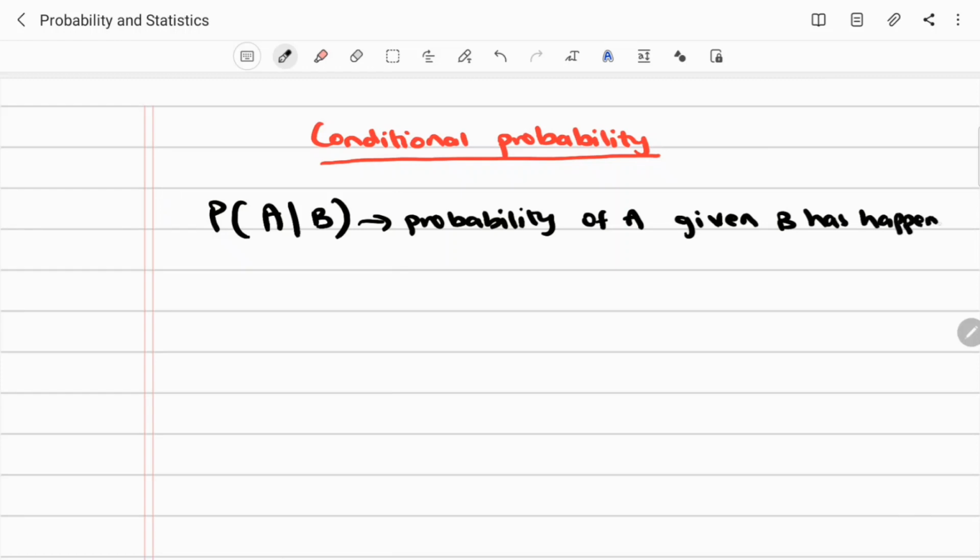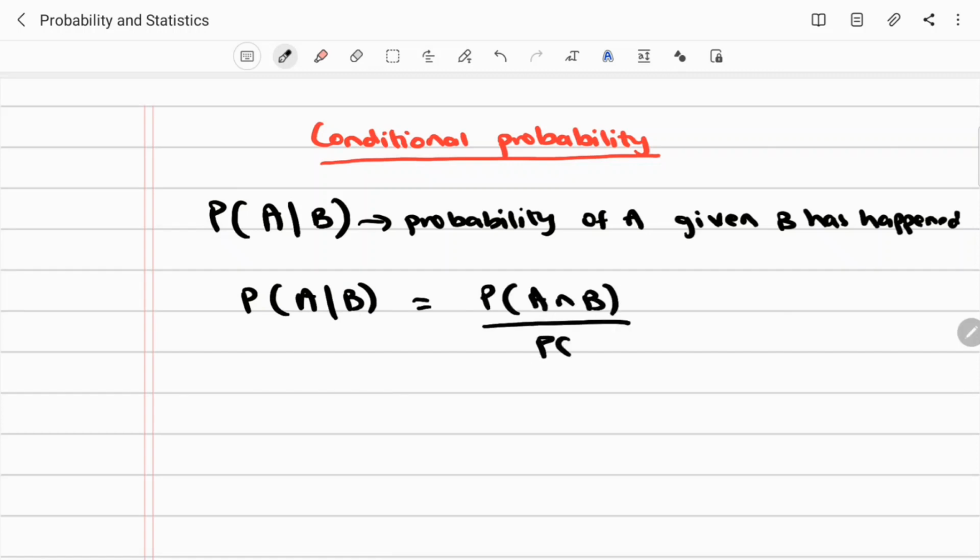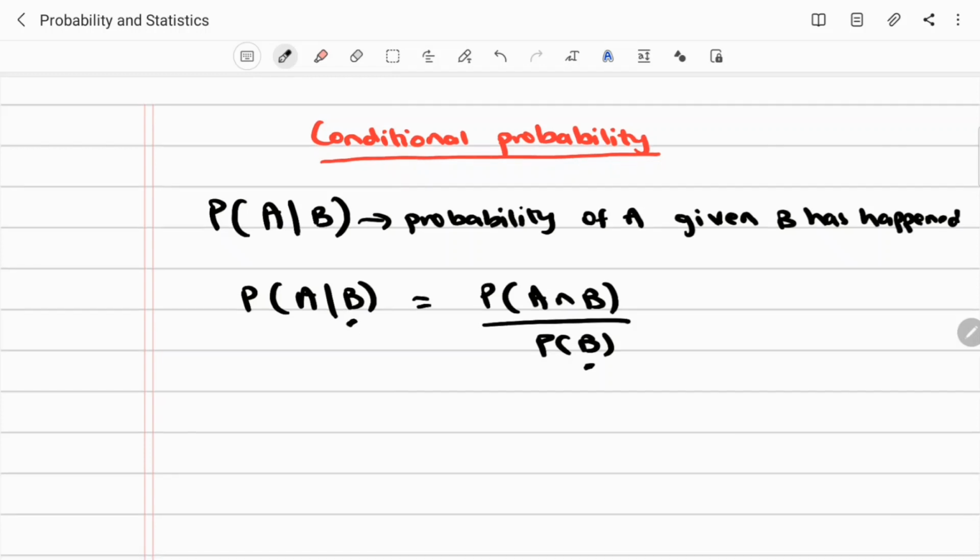So event B has already happened in this case. The formula for conditional probability is A intersection B over probability of B. In general, it doesn't matter which type of events you have, it will always be the intersection of the events over the probability of the second event happening. So the second event here.